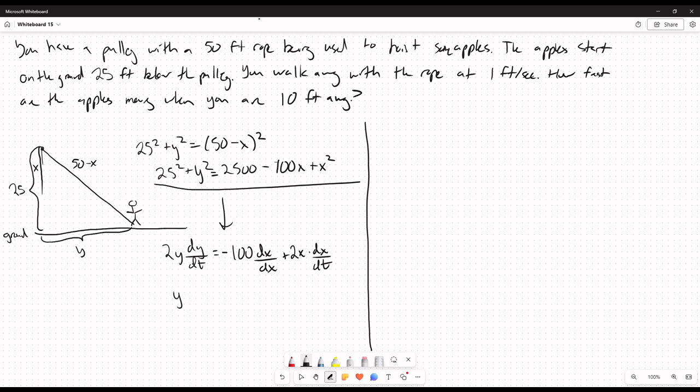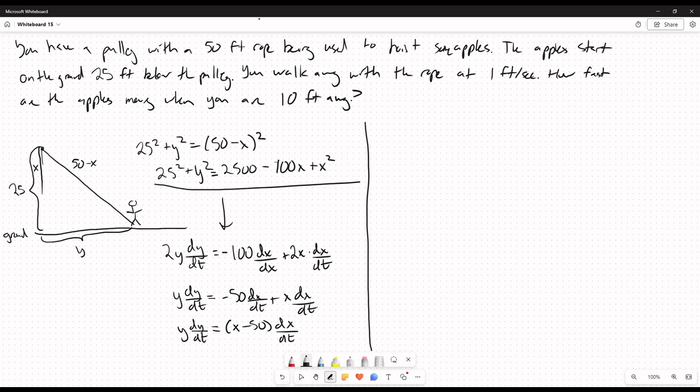That will get me y dy/dt equals negative 50 dx/dt plus x dx/dt. And it might help to factor on the right-hand side. We'll have y dy/dt equals (x minus 50) dx/dt. Okay, so we have that.